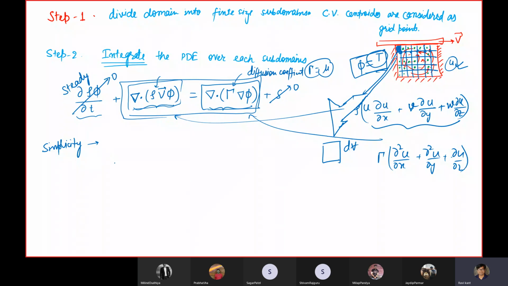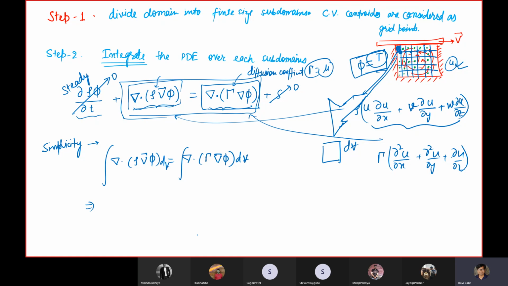So while integrating, we have del dot rho v phi is equal to del dot gamma del phi. I'm going to integrate it with dv.